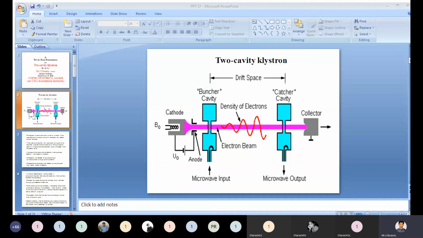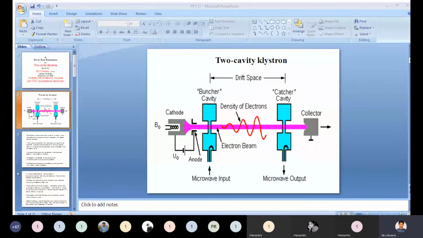When the device is turned on, you need to see the diagram. Electronic noise in the cavity is amplified by the tube and fed back from the output catcher to the bouncer cavity to be amplified again.